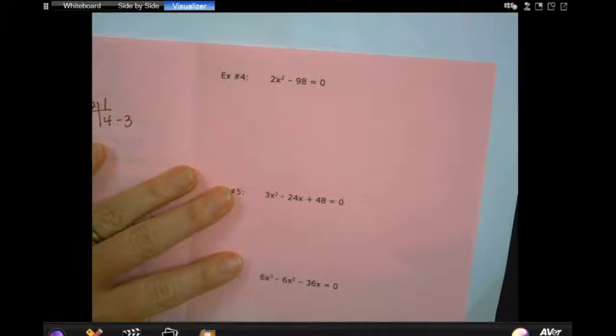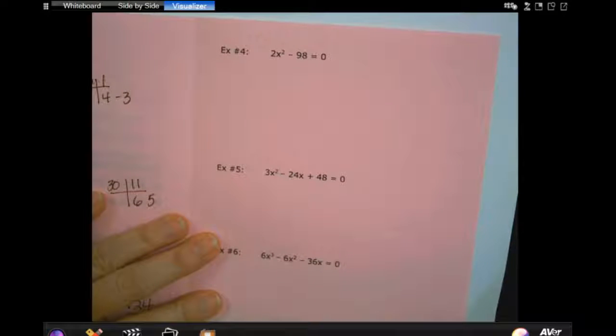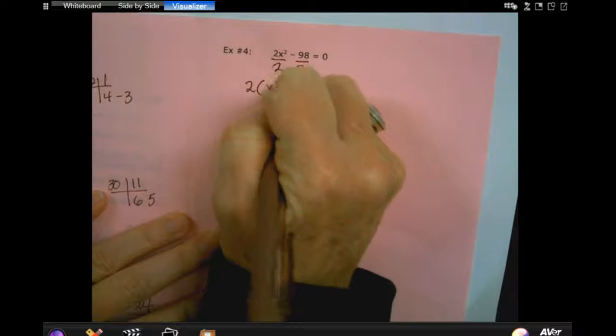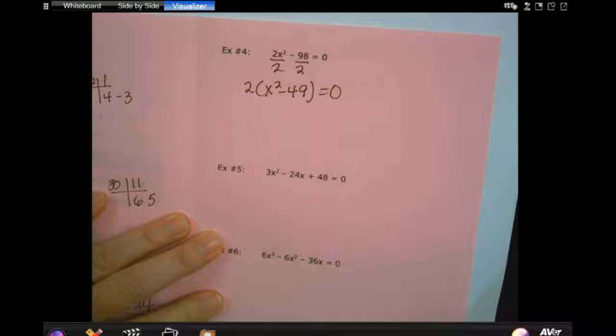How about example 4? Divide by what? Yes. So if I divide by 2, and then what? It's a perfect square.